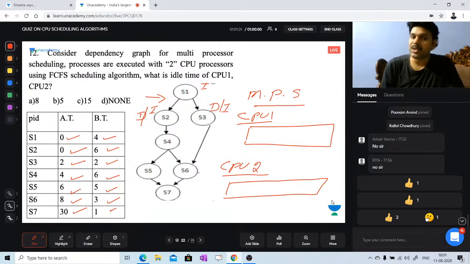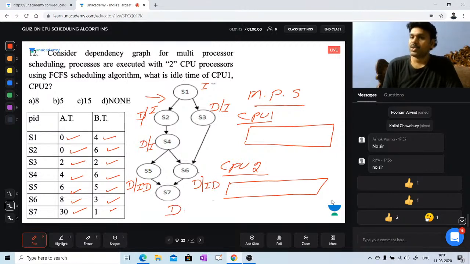And next S4 is dependent. Once S2 is executed, then it is independent because it depends on S2. Then S5 and S6 are dependent initially, based on S4 and S3. After that they become independent. And finally the last process is completely dependent.